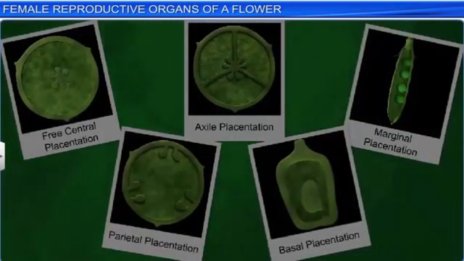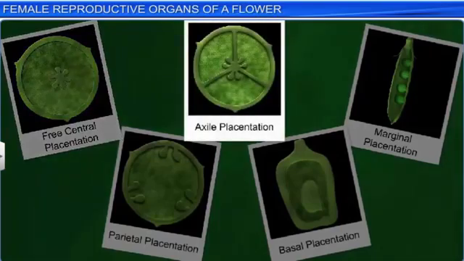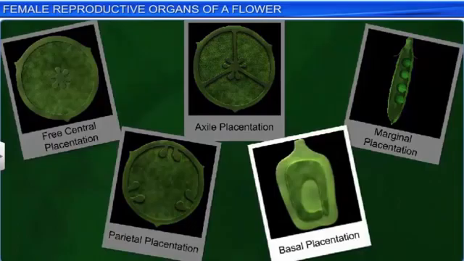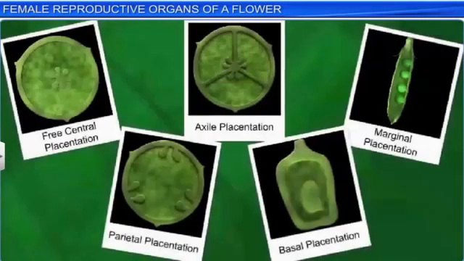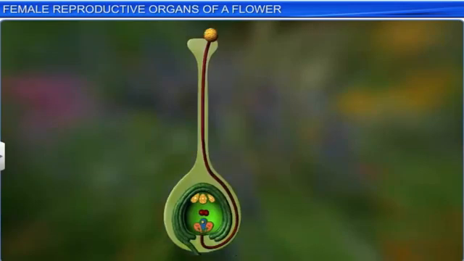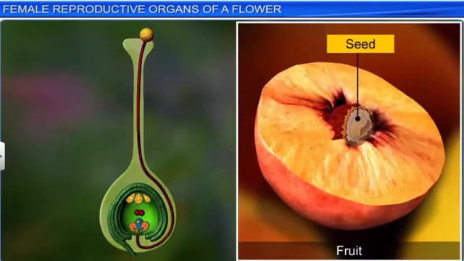These ovules may be arranged in free central, axile, marginal, parietal, or basal placentation. Moreover, after fertilization, the ovules form seeds while the ovary develops into a fruit.